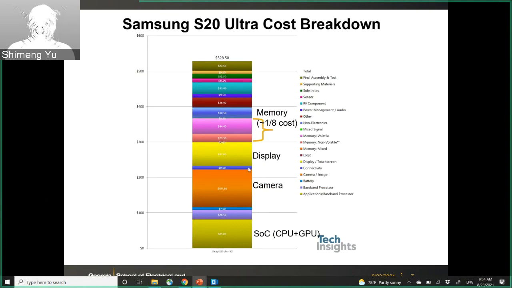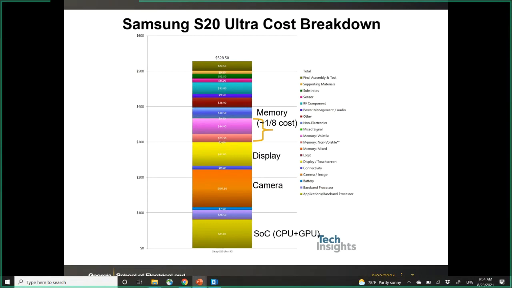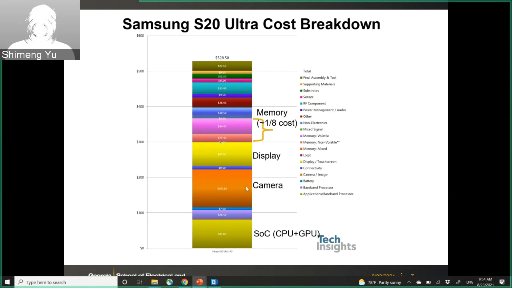And then the other big cost contributors are the display, the OLED, the organic LED, and the camera. Of course, you have like 3 or 4 cameras on those high-end smartphones. And finally is the CPU plus GPU, the processor.